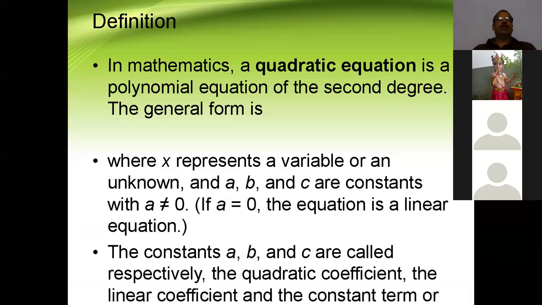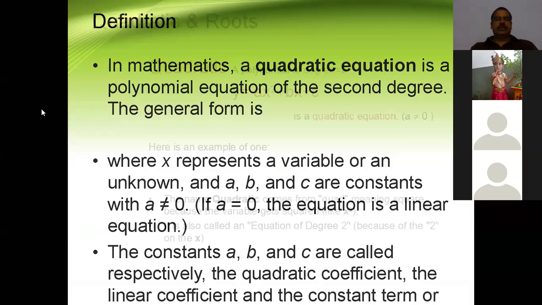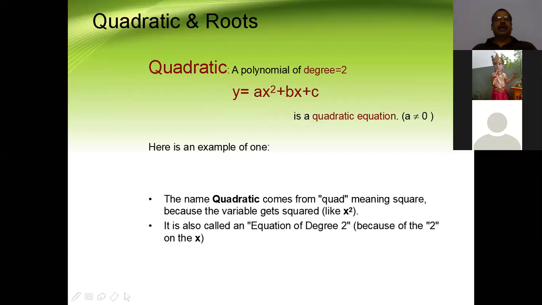The definition of a quadratic equation: in mathematics, a quadratic equation is a polynomial equation of the second degree. The general form of a quadratic equation is ax square plus bx plus c equal to 0, where x represents a variable, and a, b, and c are constants with a not equal to 0.